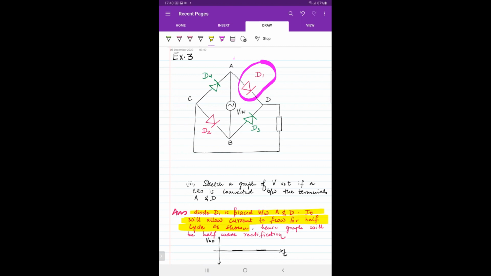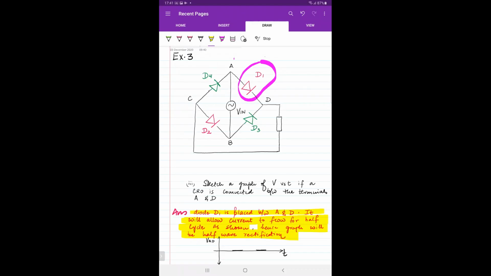You know, मैंने red से बनाया और green से बनाया है. So the diode D1 will only allow current to flow through for one half cycle, not for the other half. Hence, the graph will be that of a half wave rectification. Okay, so the diode labeled as D1, the red one, only conducts for one half cycle.